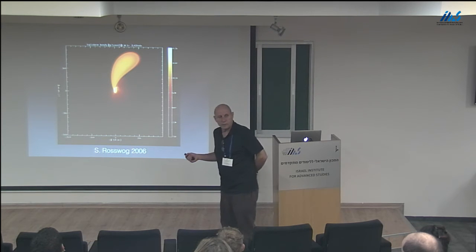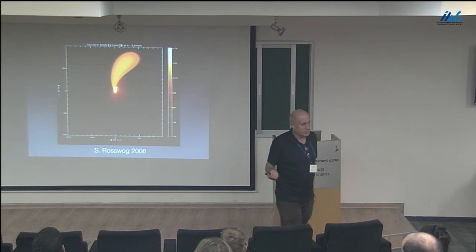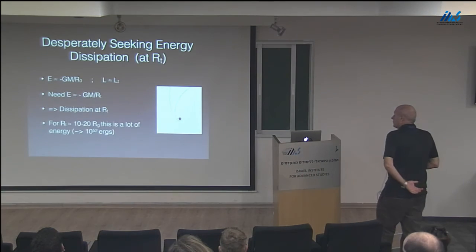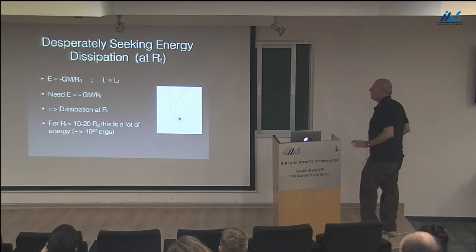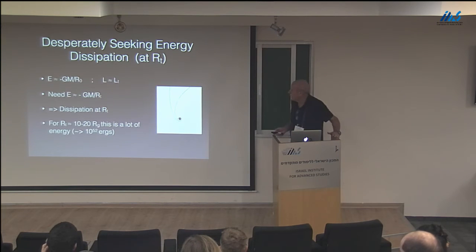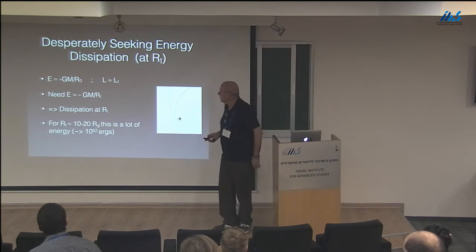What you have to do is dissipate a lot of energy to produce the disk. The angular momentum is right there. So that's why the subtitle of this talk is Desperately Seeking Energy Dissipation at RT. So this is what we need.